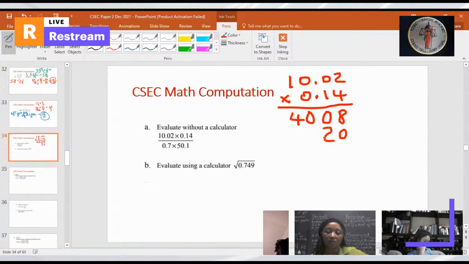Then 1 times 0, which is 0. 1 times 0 again, which is 0 again. 1 times 1, which is 1. Now you put 2 zeros. Then we don't need to multiply by 0. Yeah, everything's going to be 0.